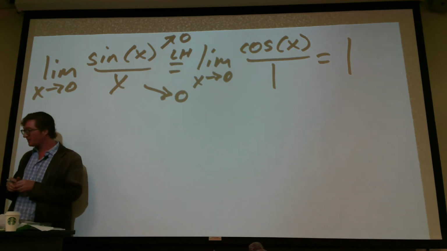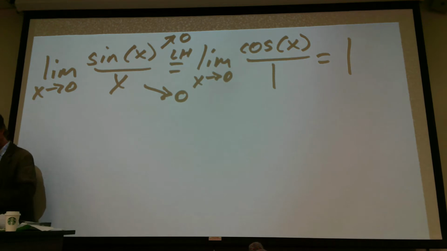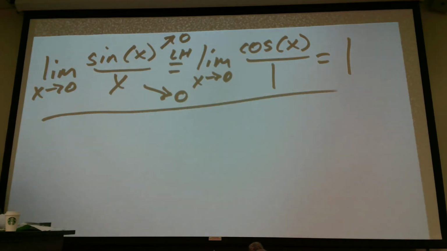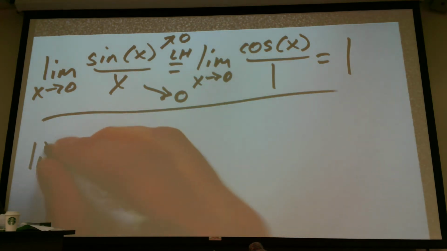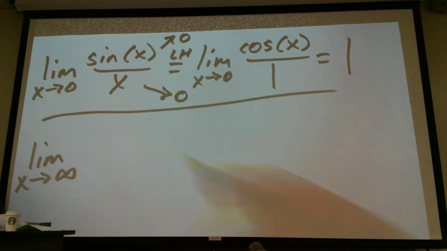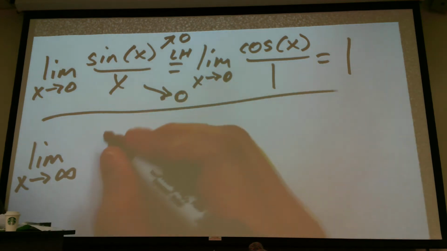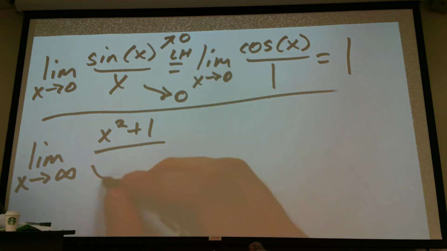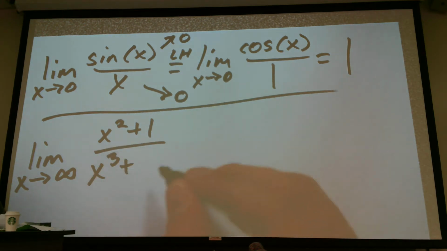All right. Let's try a polynomial one. Let's say we had the limit as x tends towards infinity of x squared plus 1 divided by x cubed plus 2x.